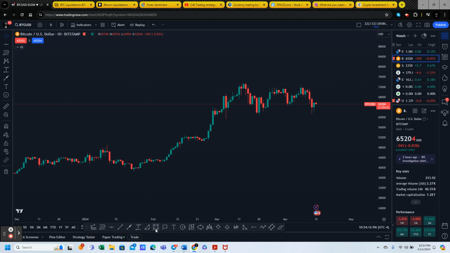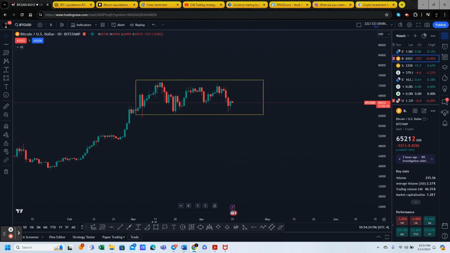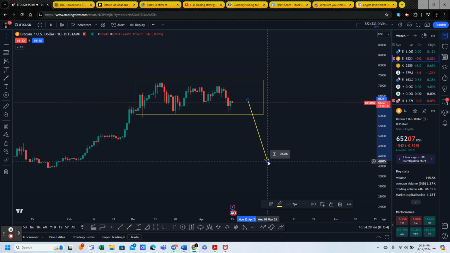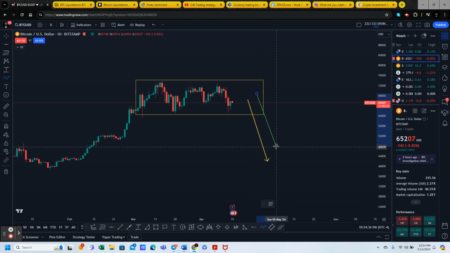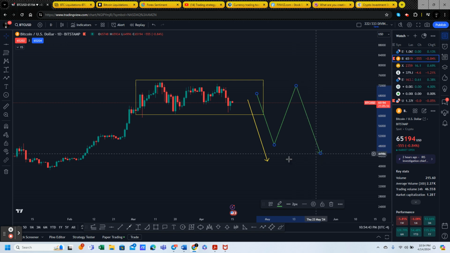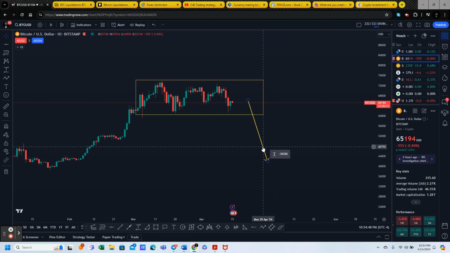For some of you who don't understand what that may look like, we could easily have price come down, find some support, and bounce back up like here. People think, oh, we're good, and then we can do something like that. So you've got to keep that in mind, especially if we get, like I said, a dead cat bounce in the market. That's a possibility.